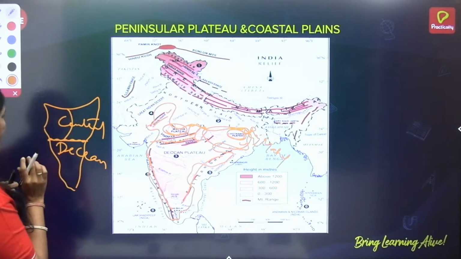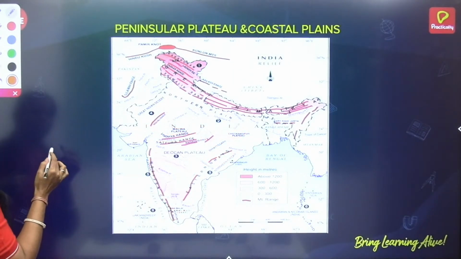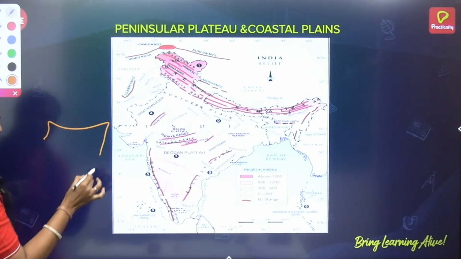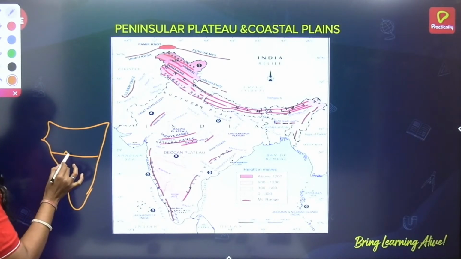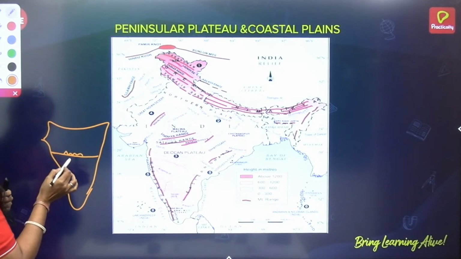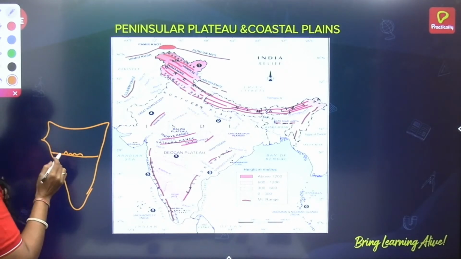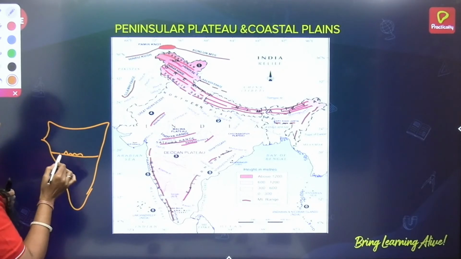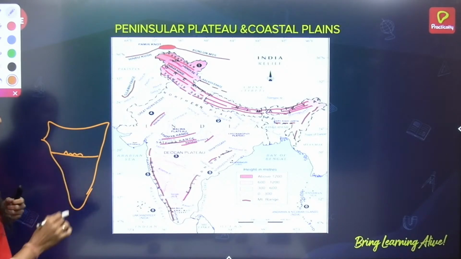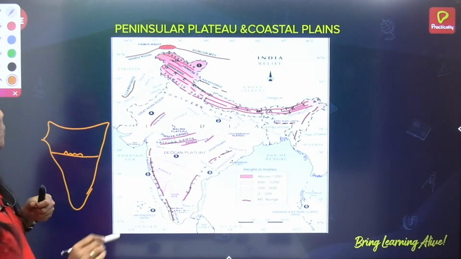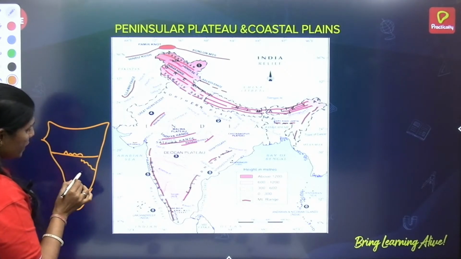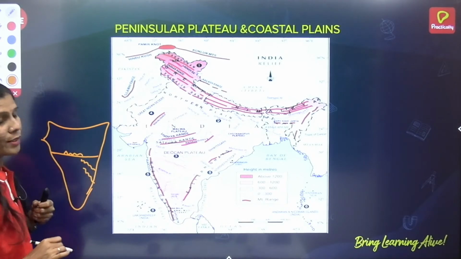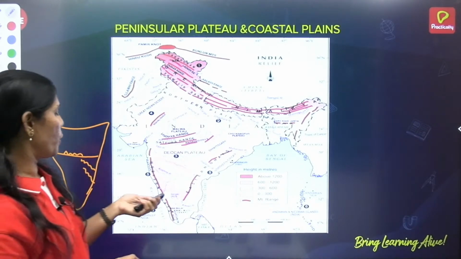Whereas coming to the Deccan plateau, we find here the Vindhya and Satpura between the central and Deccan plateau. So the Vindhya ranges divide the central plateau from the Deccan plateau, and there are also a few other ranges, Mahadev and Kaimur, in the Deccan plateau regions.